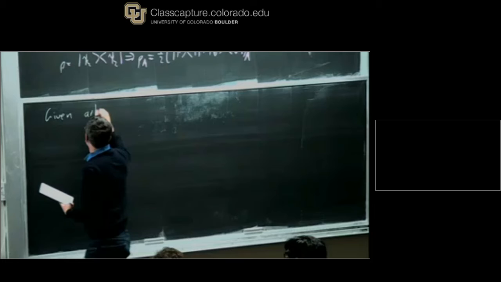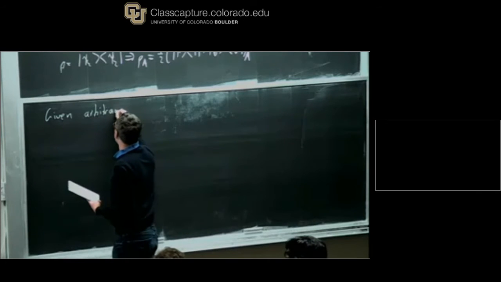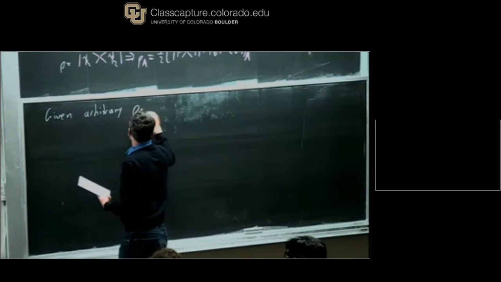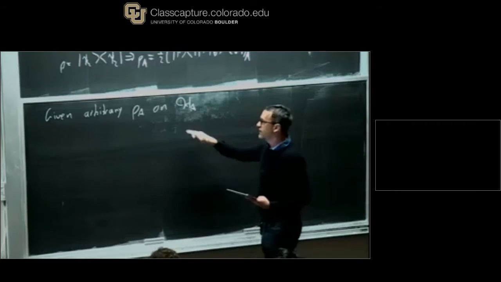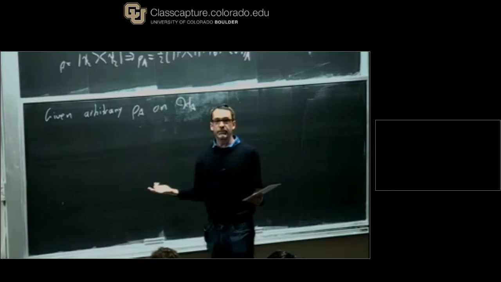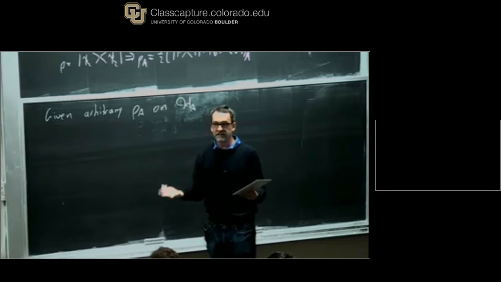Given an arbitrary rho A on HA, so on this board, I'm not assuming that rho A comes from any particular rho AB or any particular psi AB.